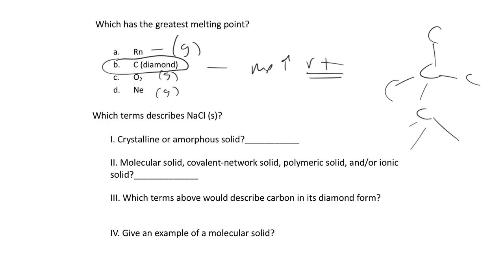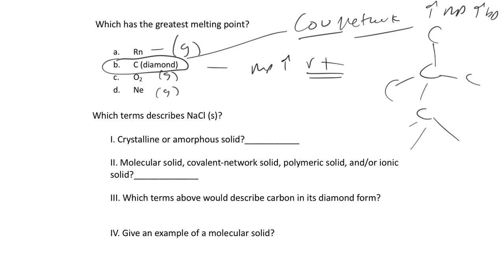Those bonds are frozen into a crystal structure, so it's really hard to melt a covalent network solid. Covalent network solids generally have very high melting points and boiling points. The melting point of diamond is over 2,000 degrees C, super high.